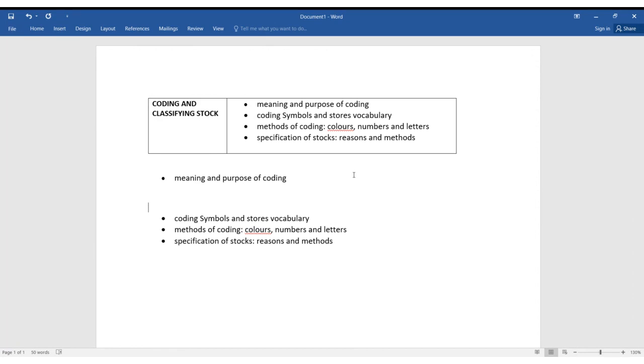And thirdly, to explain the criteria for specifying and classifying items. So this will give us the outline as far as this topic is concerned. It's quite a short topic, and we can complete this discussion in less than 1 hour.